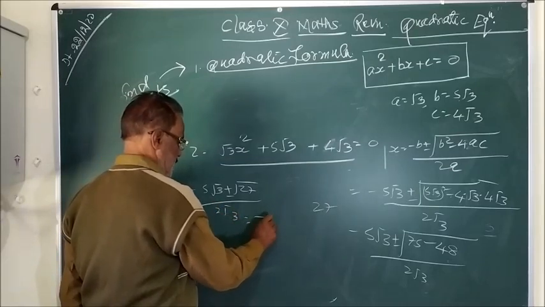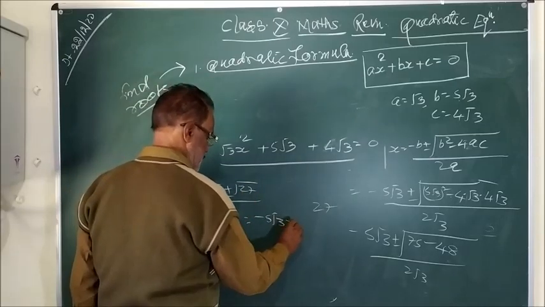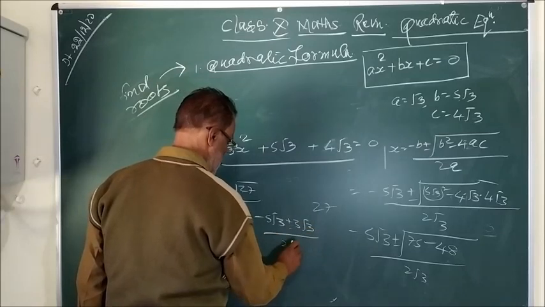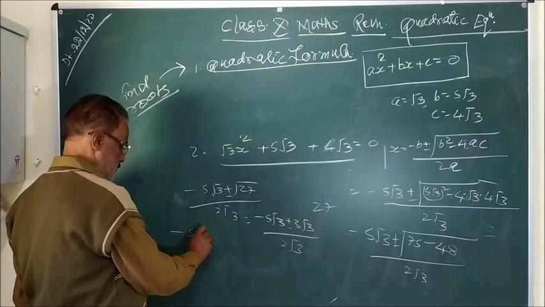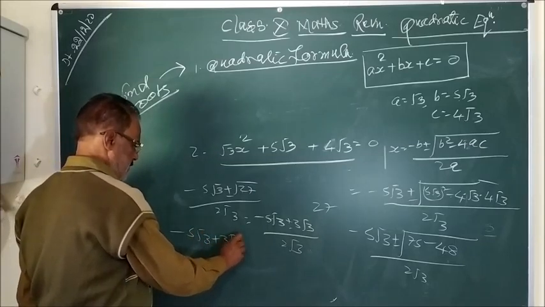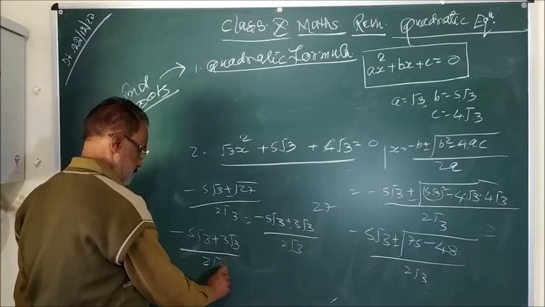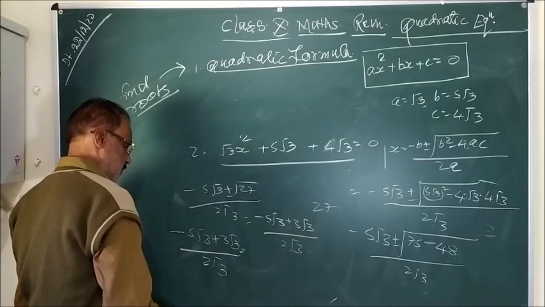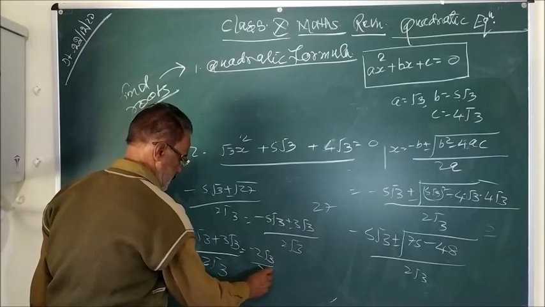So this will be minus 5 root 3 plus minus 3 root 3 upon 2 root 3. On taking positive, minus 5 root 3 plus 3 root 3, taking root 3 common, minus 2 root 3 upon 2 root 3.